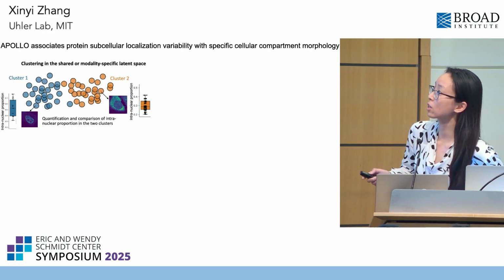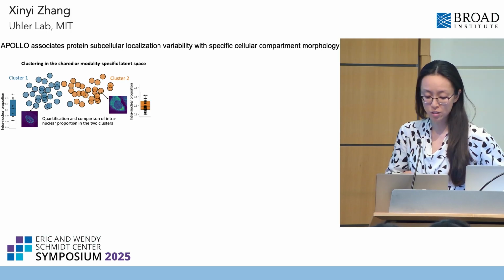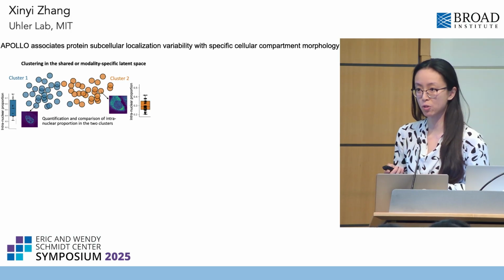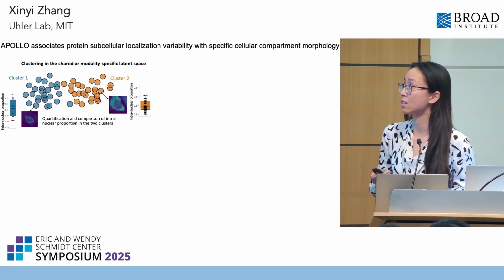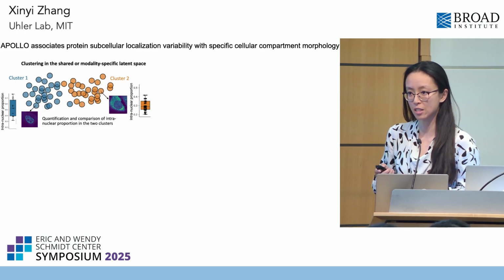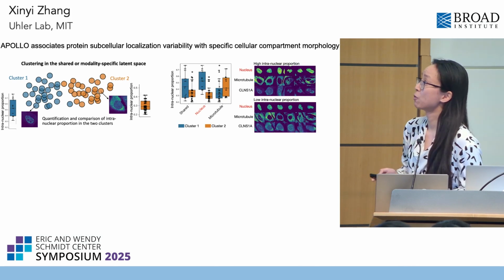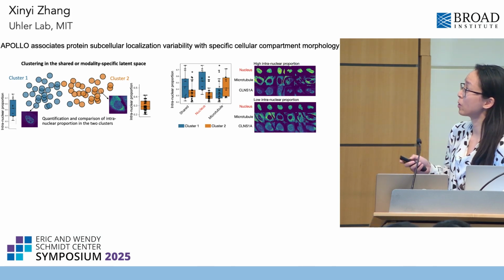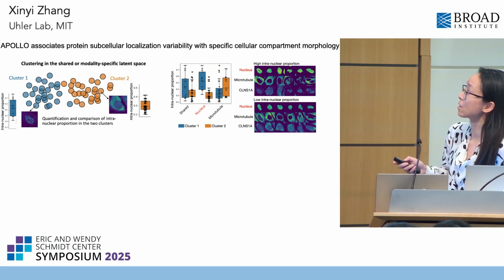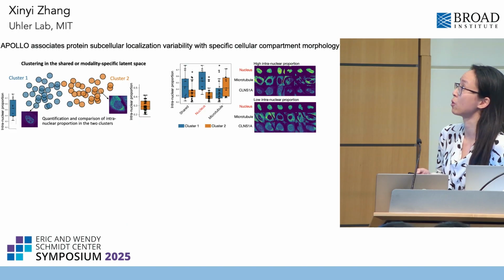For example, we can look at the intranuclear proportion of proteins in cluster 2 versus cluster 1. If there's a significant difference in intranuclear proportion in a shared space, then this means that the variability in protein localization within the nucleus is captured by the shared space. So for example, if we do this for the CLNS1A protein, we can see that the two clusters in the nucleus-specific space show a significant difference in the intranuclear proportion.